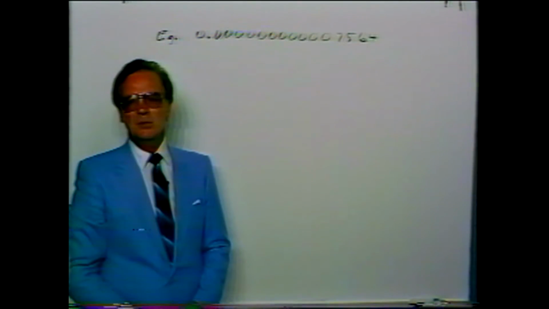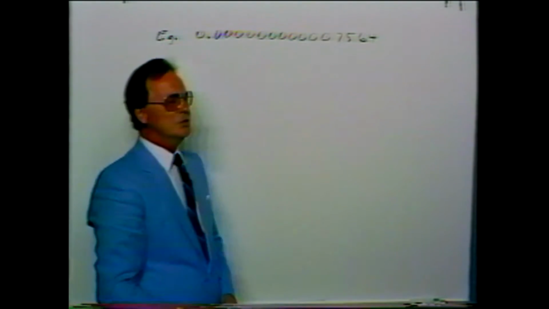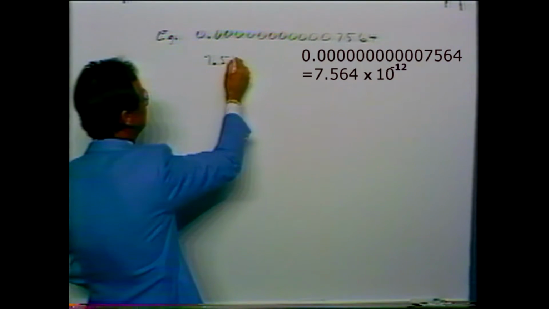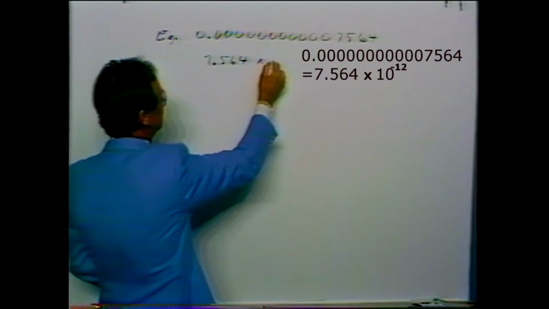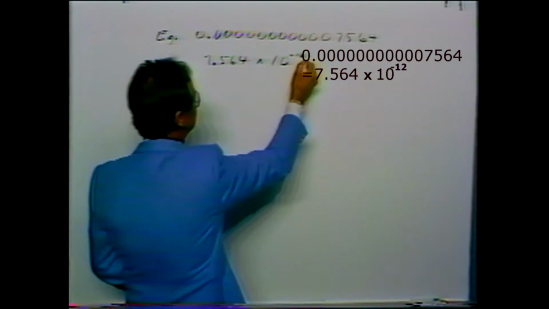Such a number may be written in shorter form and still convey the same meaning, such as 7.564 times 10 to the minus 12.